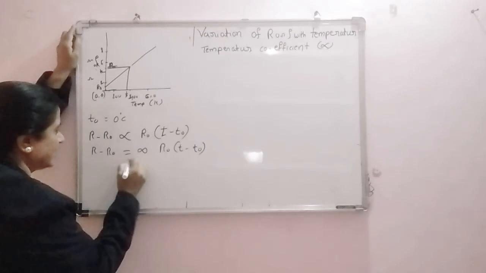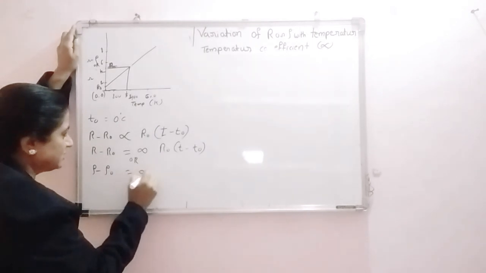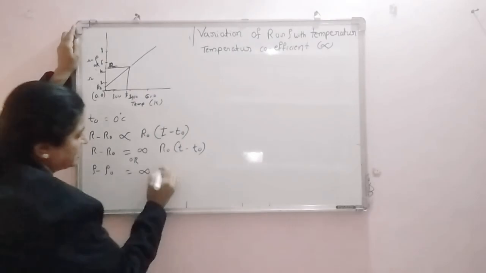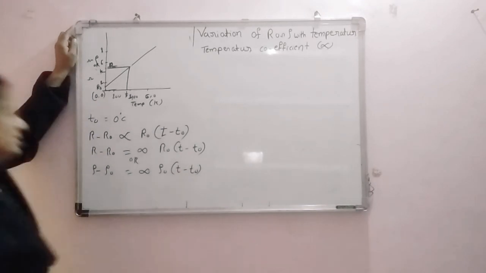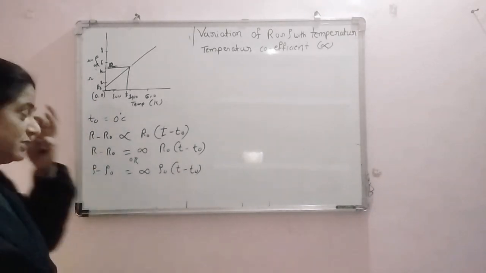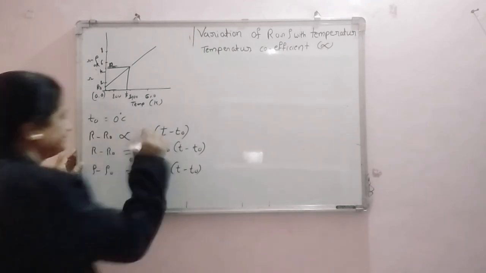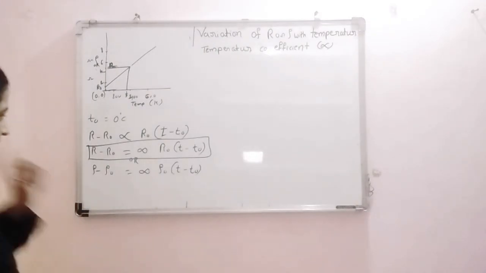The same thing I can write like this also: rho minus rho 0 is equal to constant into rho 0 into T minus T0. Specific resistance is nothing but the resistance of that material. So this is the equation for finding the change in resistance.